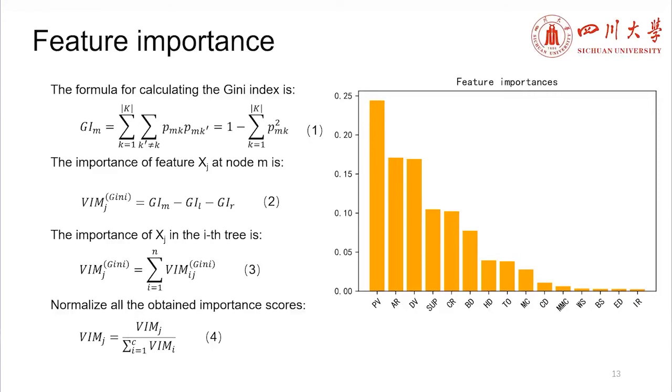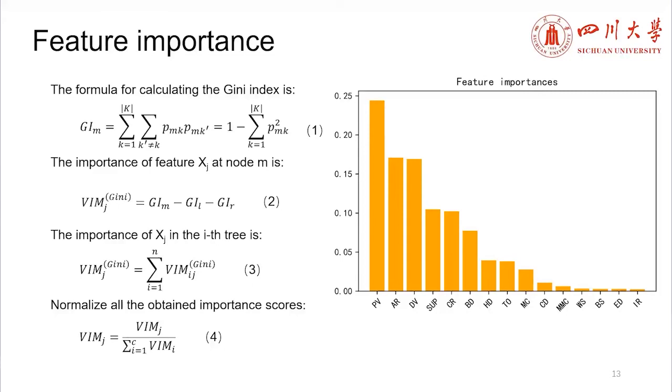It has 4 steps. Firstly, the formula for calculating the Gini index is as Formula 1. Next, we get the importance of feature xj at node m. The calculation formula is as Formula 2.